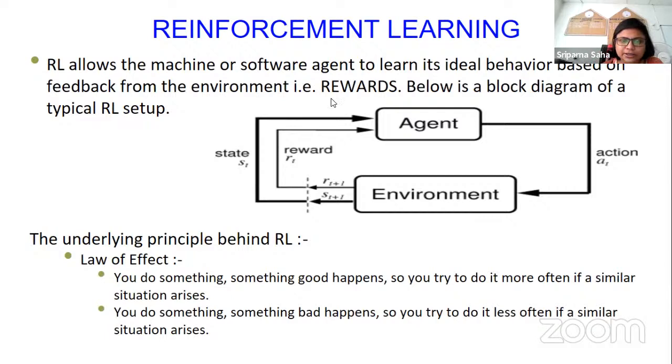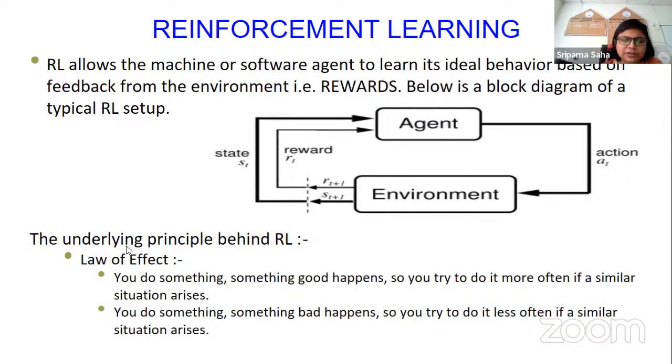The state ST is given to the agent, the agent takes an action AT, and the environment evaluates the action, generates the new reward RT plus 1, and also moves to the new state ST plus 1. This is the overall reinforcement learning process.